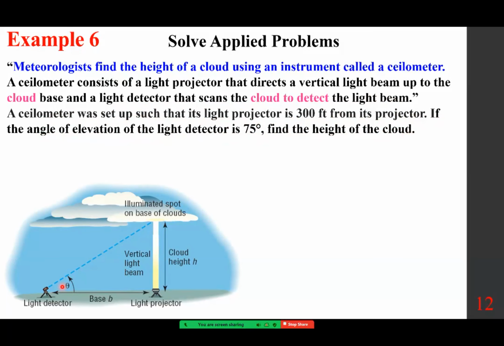So here's the setup. The light detector. Here's the base B. Here's the cloud height, or the vertical light beam. This is where it's illuminated. This distance is 300 feet from the projector.